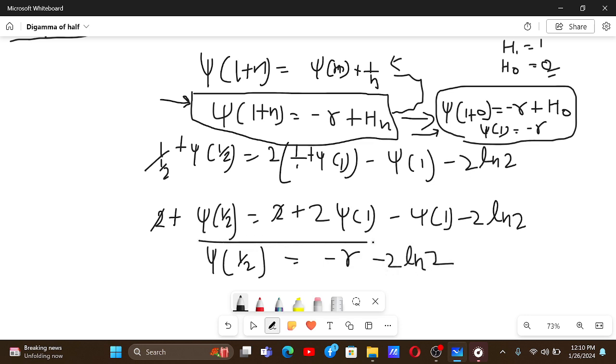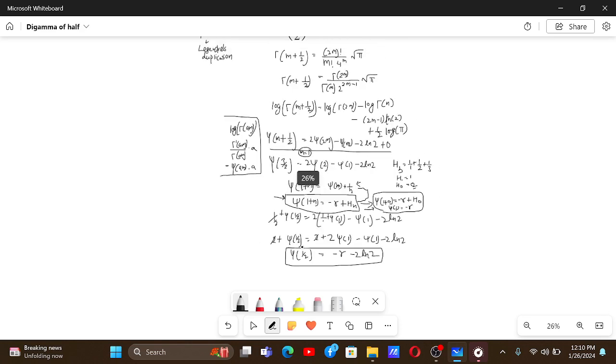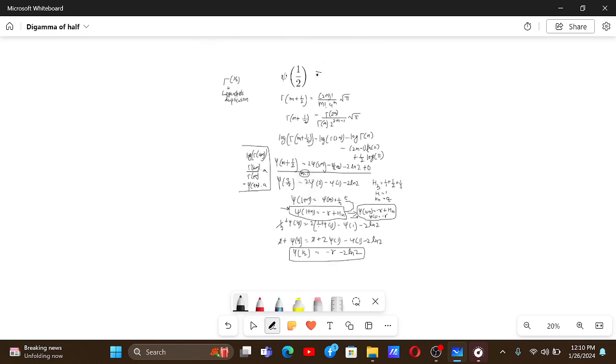So we get the value for digamma of 1 by 2, and the value is negative of the Euler-Mascheroni constant minus 2 ln 2. This is the answer. Thanks for watching, and look forward to seeing you in the upcoming videos too.